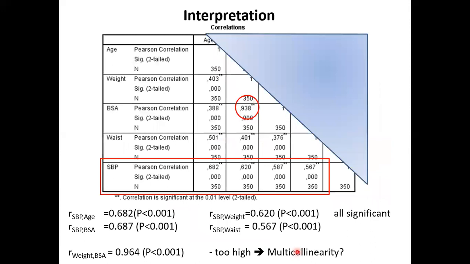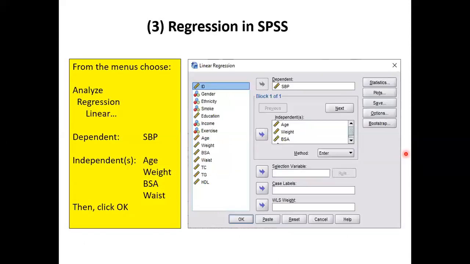So what's VIF actually? 1 over 1 minus R squared. Whenever I see more than 0.9, I know that's a problem. But 0.38 doesn't mean there's no problem. Yes, I still must assess multicollinearity. So that's what I saw in the correlation.